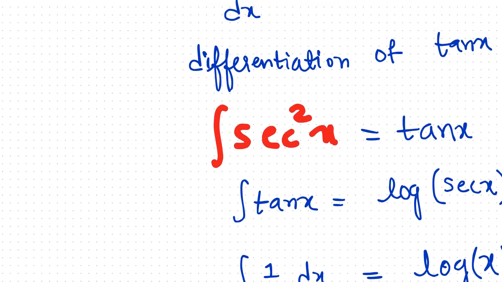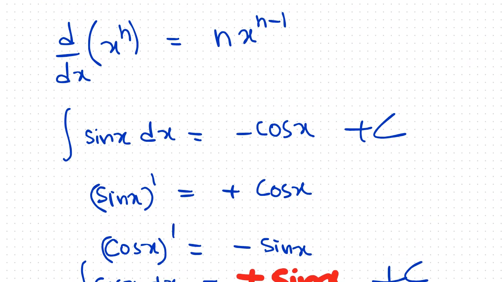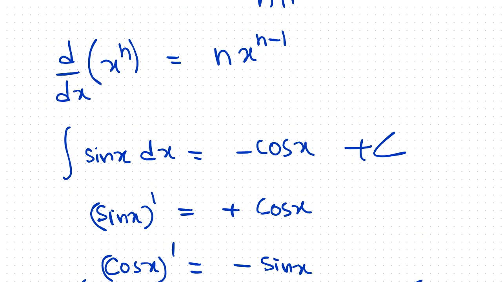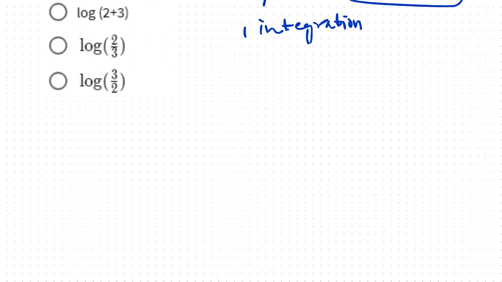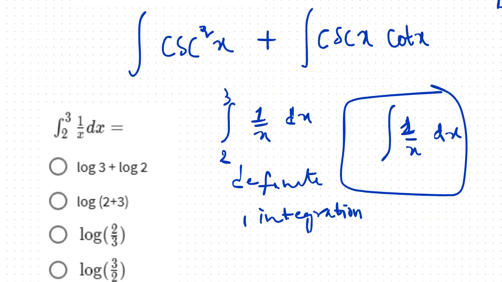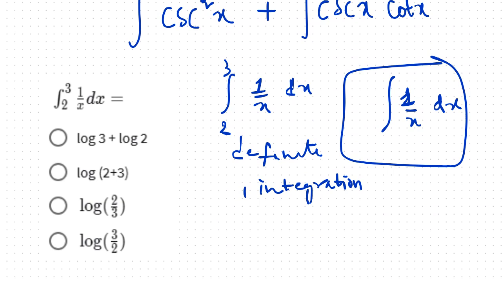Like sin x differentiation was cos x, but sin x integration was minus cos x, and then plus c also. So there is a lot to review. Try to review the class notes, previous class notes, and this class I'll do it today.